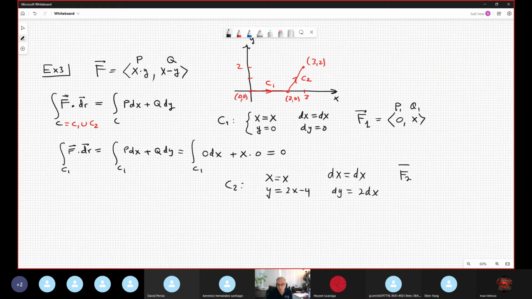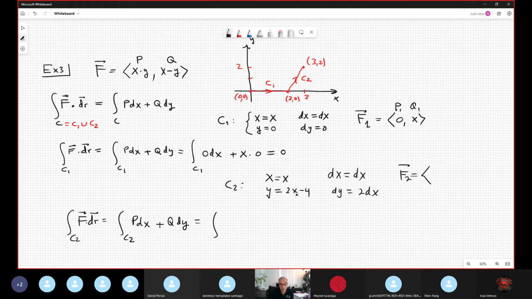F2, the vector: you try to convert my problem to only one dimension. So the integral over C2 of the vector field F dot dr is the integral over C2 of P dx plus Q dy. Who is P?